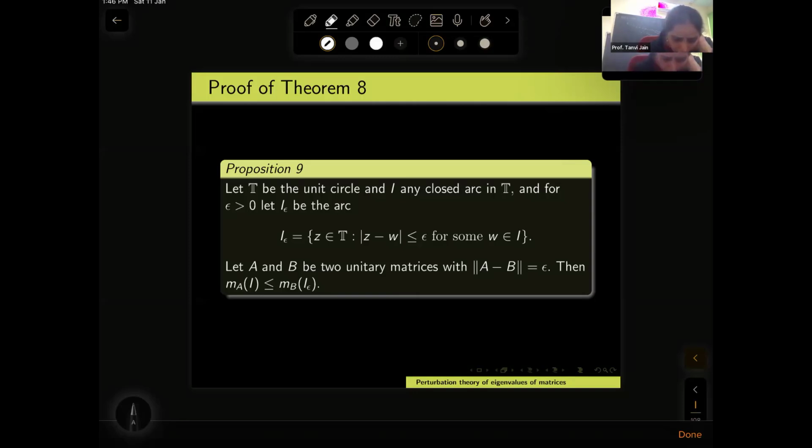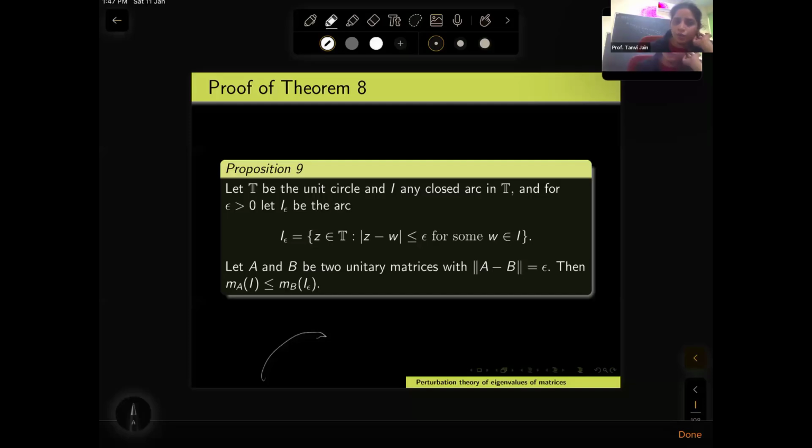Let I epsilon be the arc that is an extension of I, such that the points in I epsilon have distance at most epsilon from the points of I. That is the set of all Z in T such that the modulus of Z minus W is less than or equal to epsilon for some W in I. Then I say that M_A(I) is less than or equal to M_B(I epsilon).